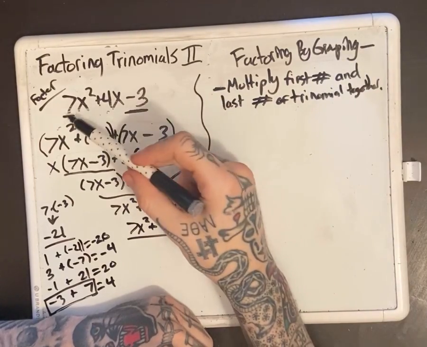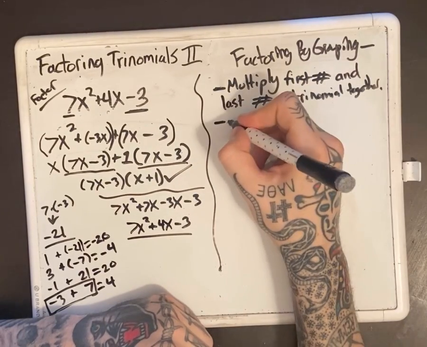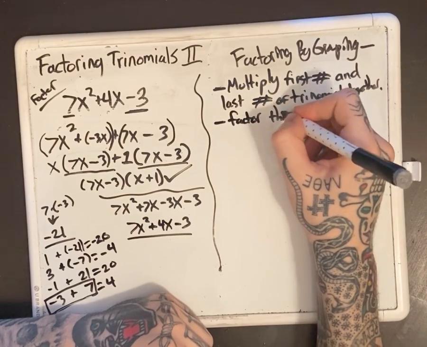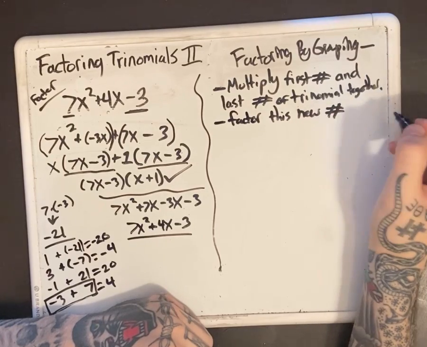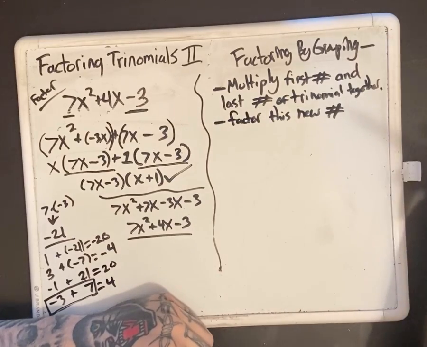Okay, so 7 times negative 3. Factor this new number. Okay, so we multiplied those two together, then we factored it.